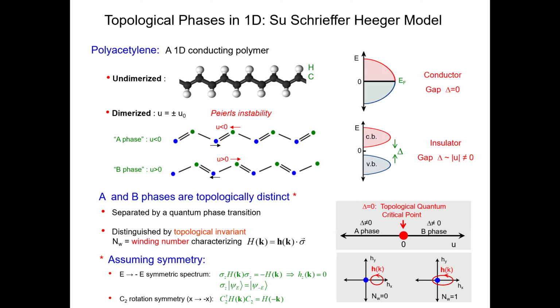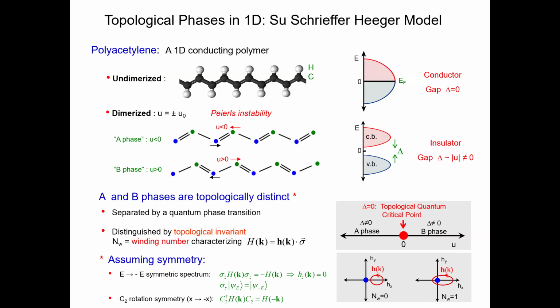So we have the momentum on a circle and a Hamiltonian that is a function of k, which I can think of as a vector in the xy plane. As you go around the circle in k, this vector can go like this and come back like that, but an alternative is that it could go all the way around.